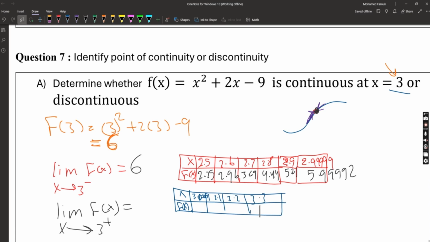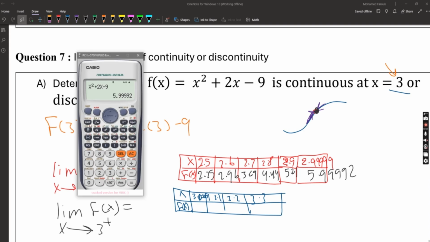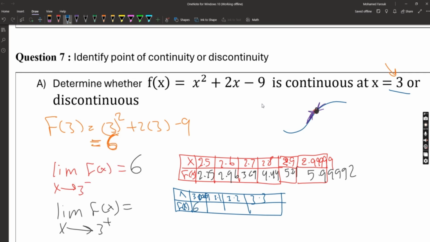Okay, let's calculate it. At first, let's calculate at 3.0001. It tells me it's 6. Okay, we have to confirm the pattern here.